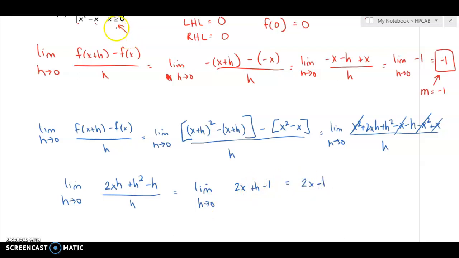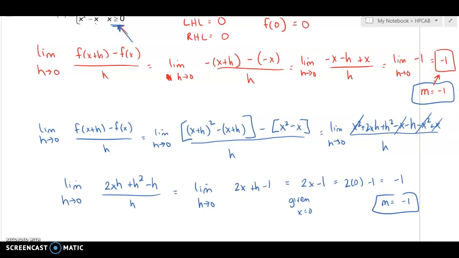But we're talking about at a point where, for this branch, we know that x is equal to 0. We're given that x is equal to 0. So if we plug that in, you're going to get 2 times 0 minus 1. We know it's negative 1. So the slope for this branch is negative 1.